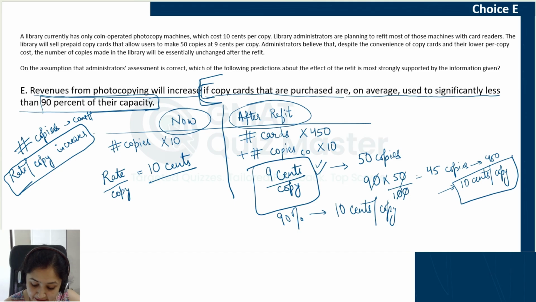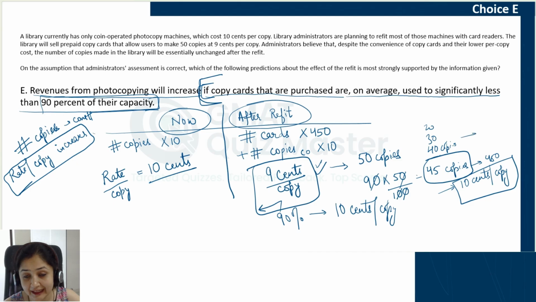If they are utilizing the card below 90%, what does that mean? It means that they will be taking, let's say, 40 copies or 30 copies or 20 copies and paying 450, in which the rate per copy will go up.